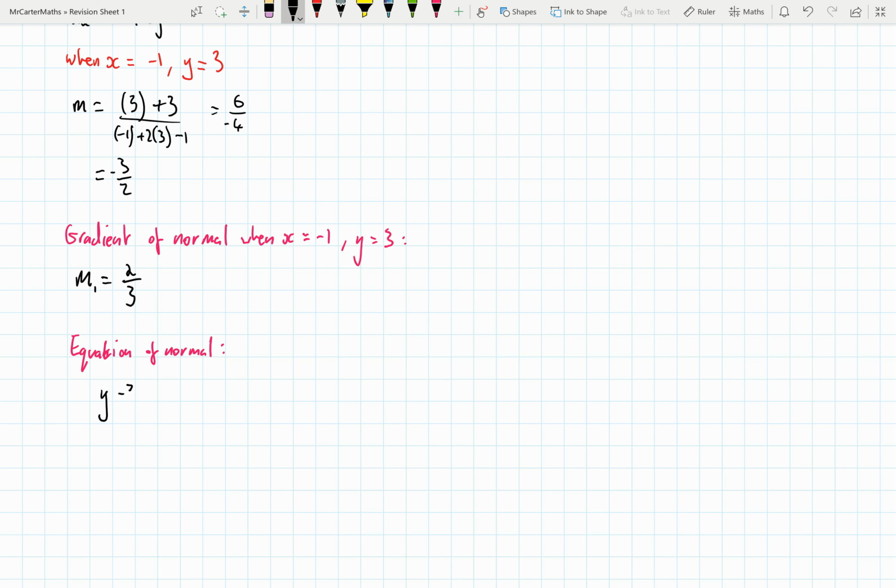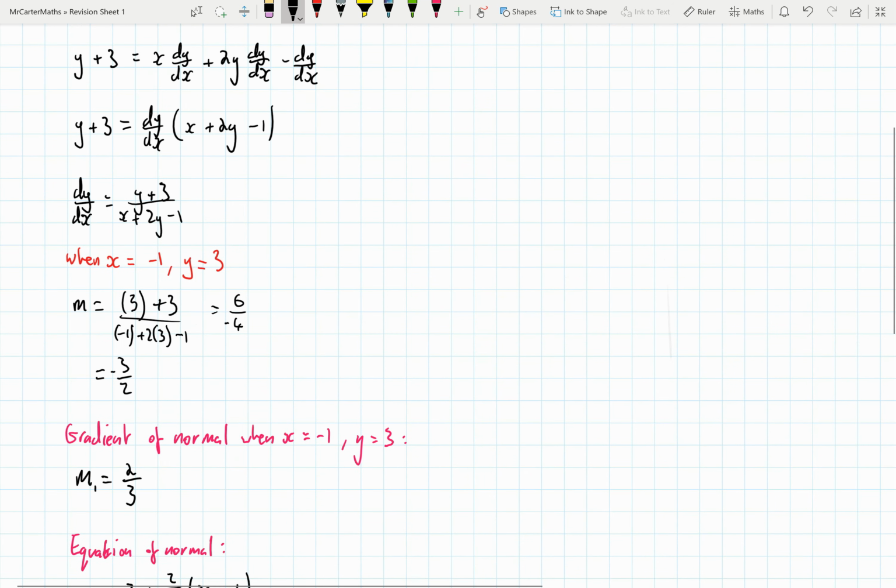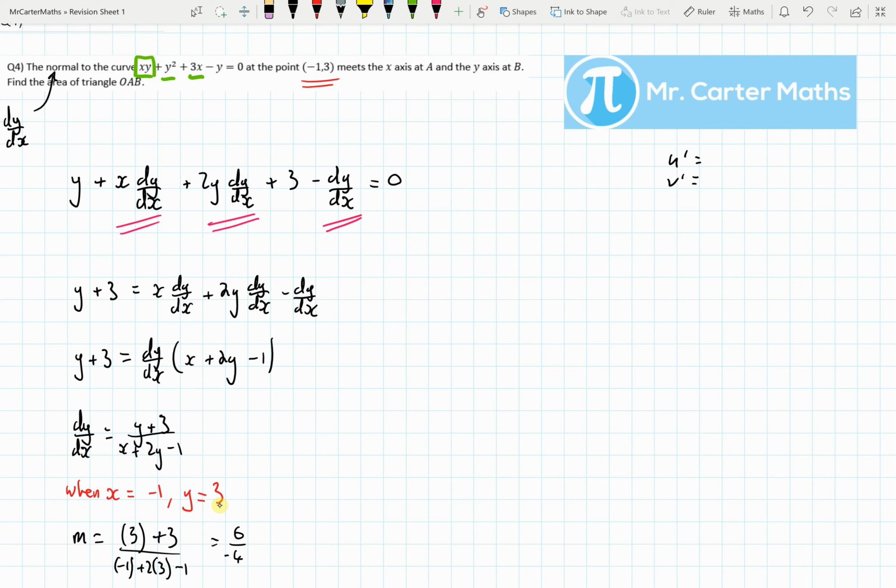So y minus 3 is going to equal 2 over 3 times x minus x1, which is minus 1. So I'm going to bring that up here. I had y minus 3 equals 2 over 3 times x plus 1. That's the equation of my normal.